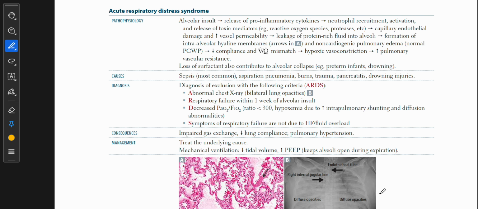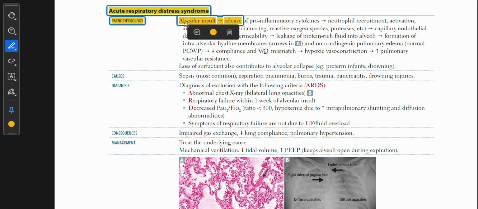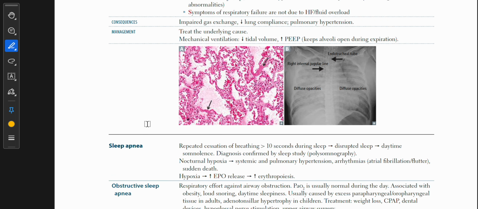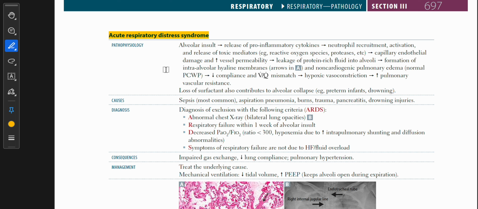Let's go into acute respiratory distress syndrome. We will talk about its pathology, and then its causes, diagnosis, consequences, and management. In ARDS, an alveolar insult leads to the release of pro-inflammatory cytokines, then neutrophil recruitment, activation, and release of toxic mediators like reactive oxygen species and proteases.